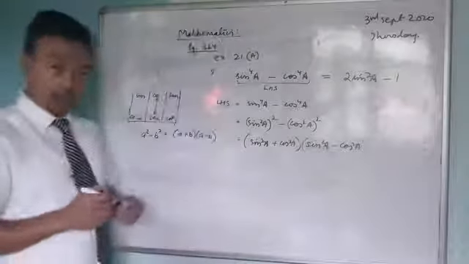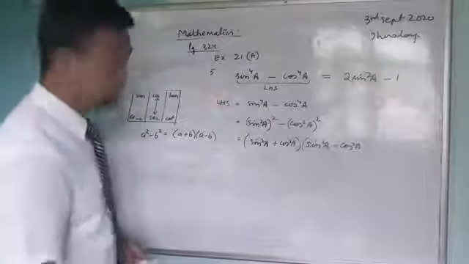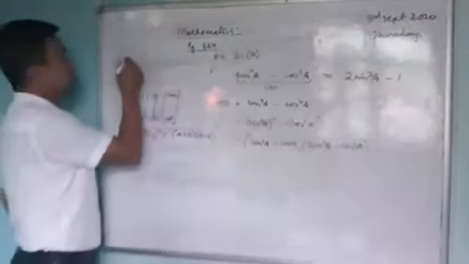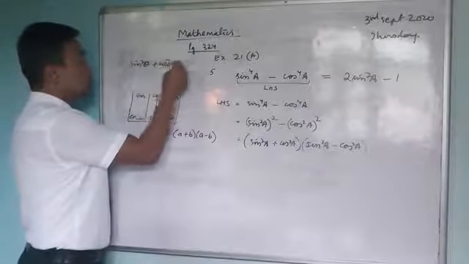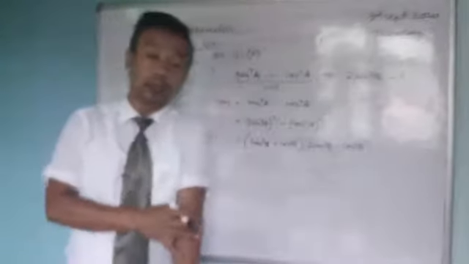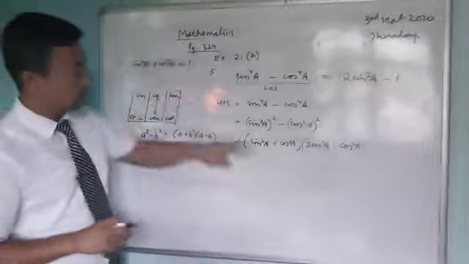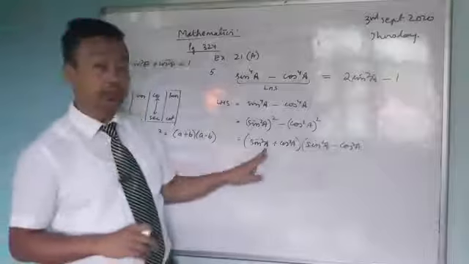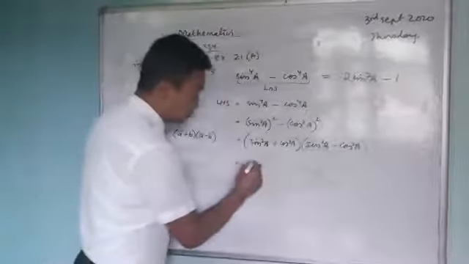Now comes the application of formula. You have just learned the trigonometric ratios, that is sine square theta plus cos square theta equals 1. If you look at the third table, sine and cos are close to each other, so we have added using the square. So sine square theta plus cos square theta equals 1. Sine square A plus cos square A. So this is 1. Yes or no?